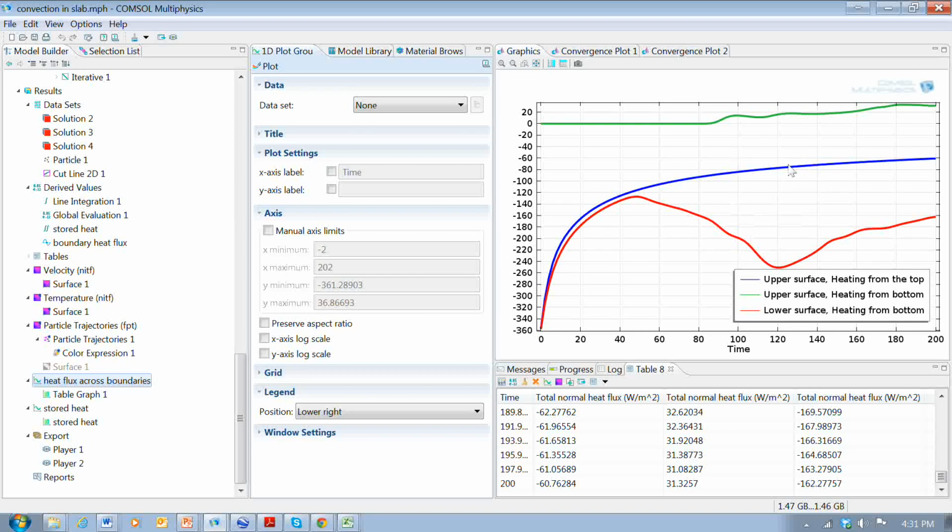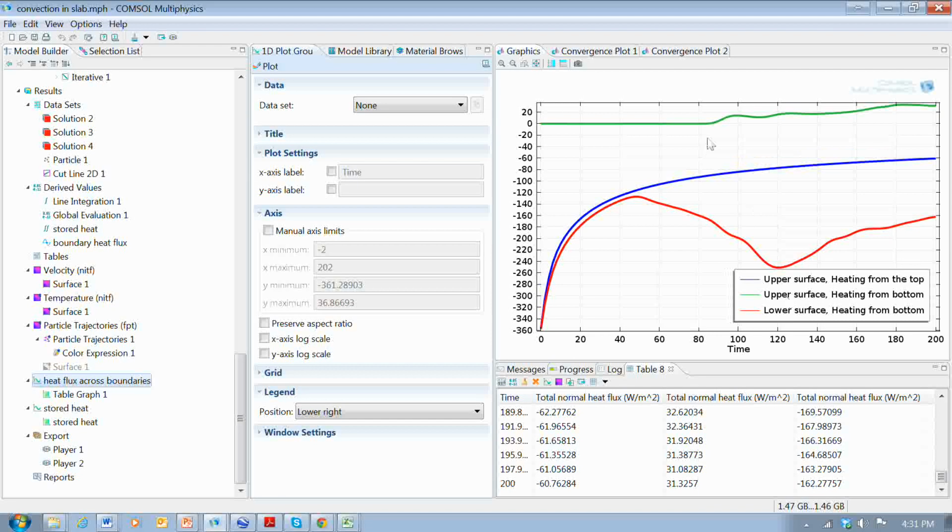So this difference here is the heat flux that is occurring by convection, by that fluid movement that is induced by the temperature difference. And the other consequence is that the top boundary also is starting to see some heat flux after about 90 seconds.